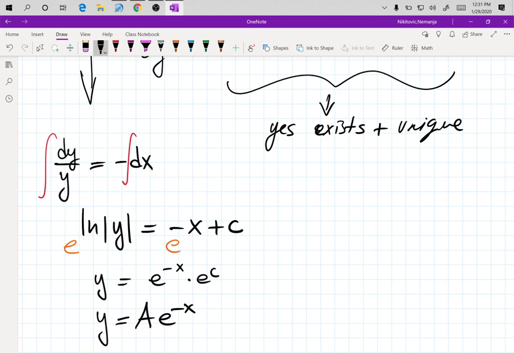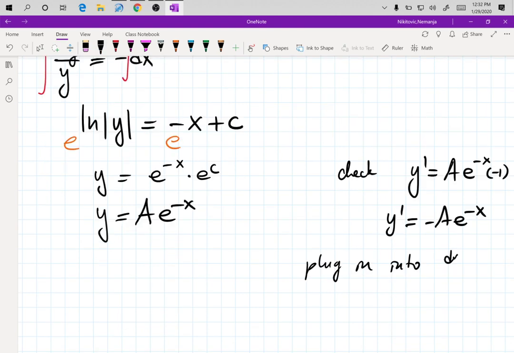So to check, you have y prime equal to a e to the negative x times the chain rule negative 1. So y prime is negative a e to the negative x. And now you plug in. Our differential equation was y prime equals negative y.